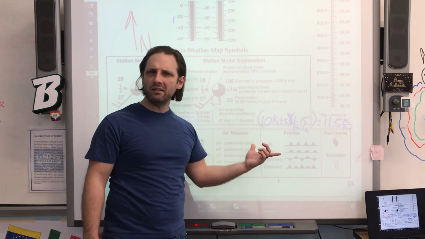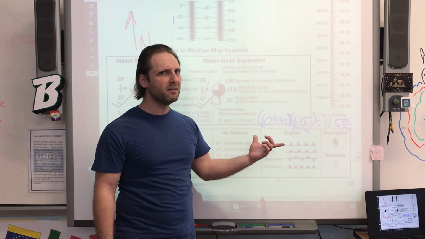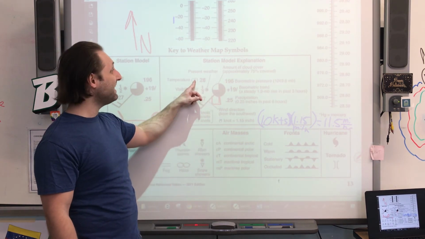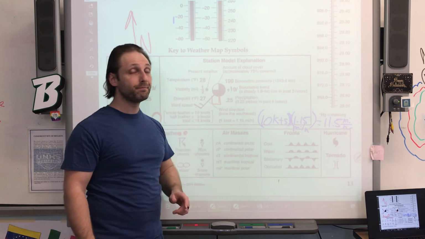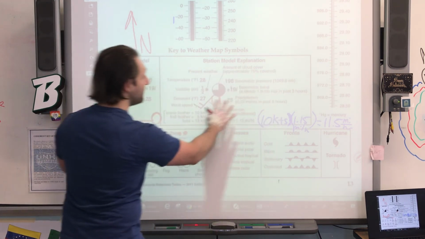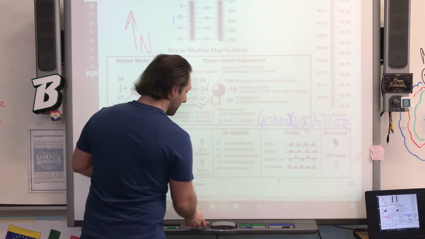But wait, rain? No, not rain, snow. We've got a symbol for snow, and the temperatures are below freezing. So this gives you a nice beginning understanding of how to use station models.